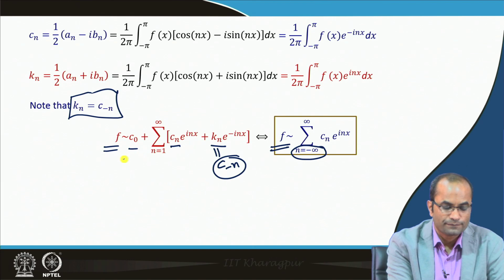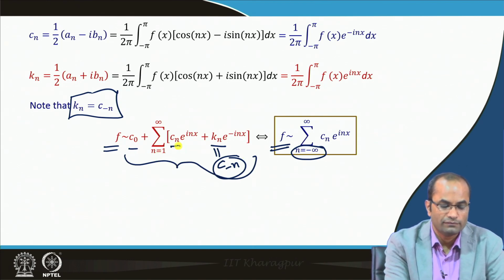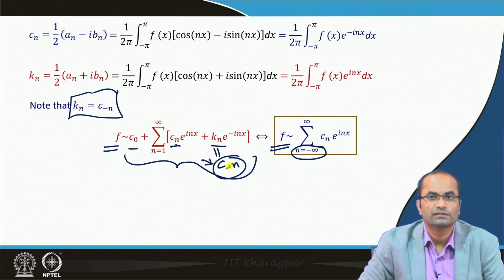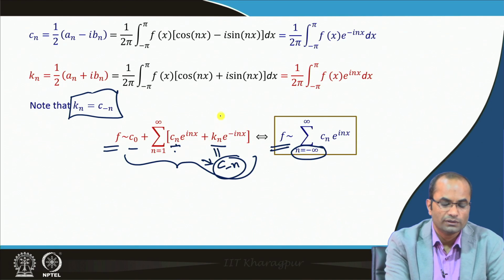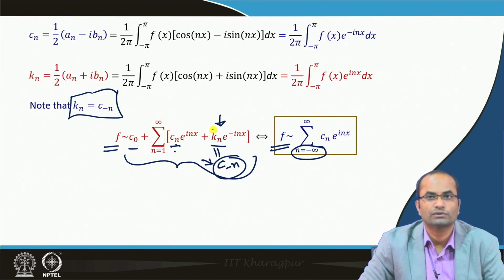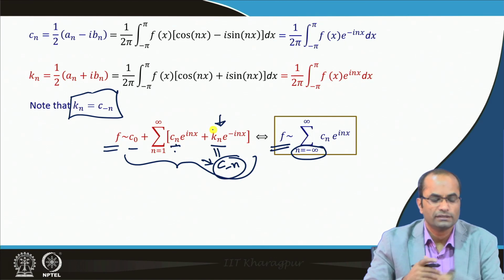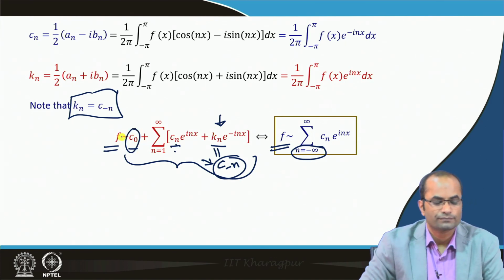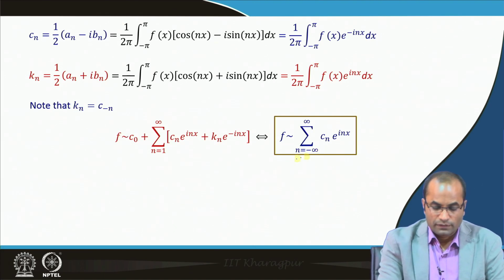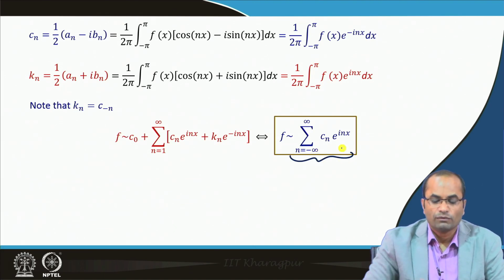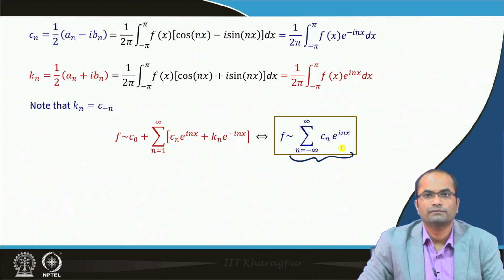So, in this form, when n is 1 we have c_1, but at the same time we have here c_minus 1, then we have c_2, and in this place we have c_minus 2. So, all these plus and minus are appearing together here, and the c_0 is already there in the front. So, in this compact form we have all c's with negative integers and also for positive integers.